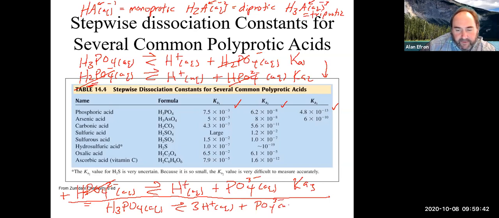That's why sometimes people think all of them just pop off at once. They actually don't. They do it in a stepwise fashion, and each one is an equilibrium expression, and each one will happen one after the other, much harder after that first one comes off. Any questions on that?